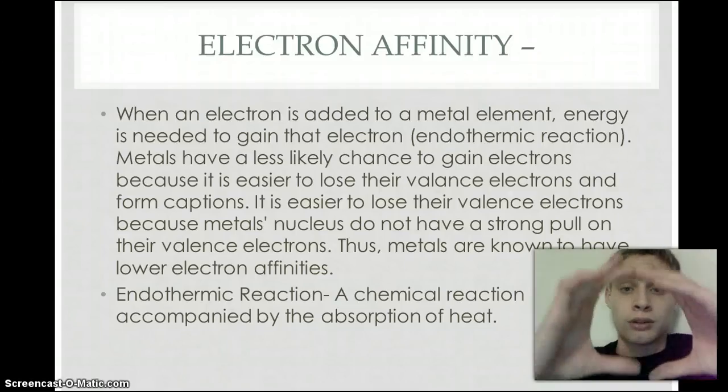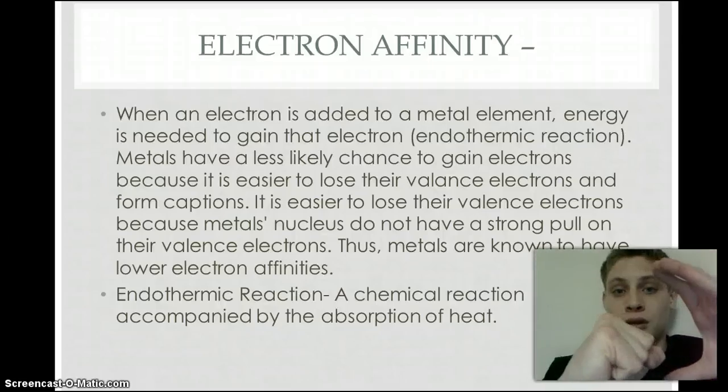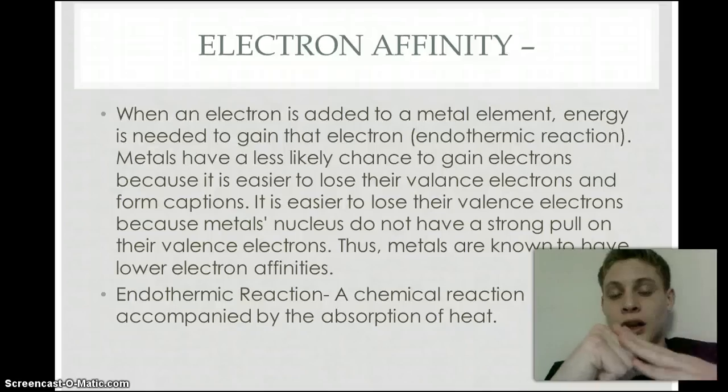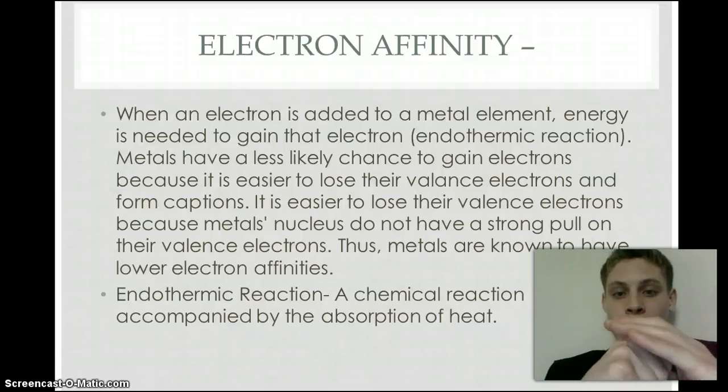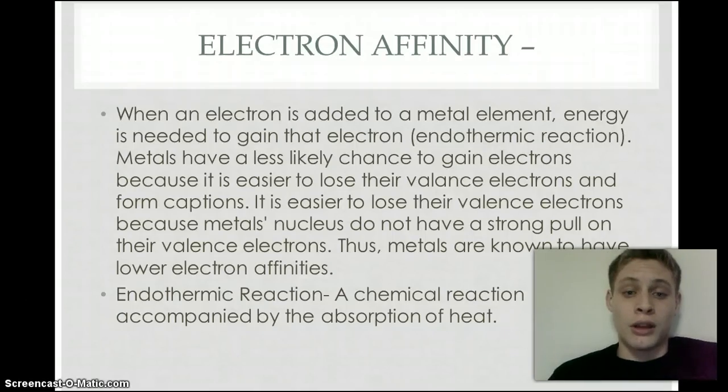The outer shell of the atom is farther from the nucleus, so the pull from the nucleus is not as strong as in a nonmetal, whose outer shell is closer, so the pull is stronger. An endothermic reaction is a chemical reaction accompanied by the absorption of heat. So, when a metal gains an electron, it is using an endothermic reaction, absorbing heat.